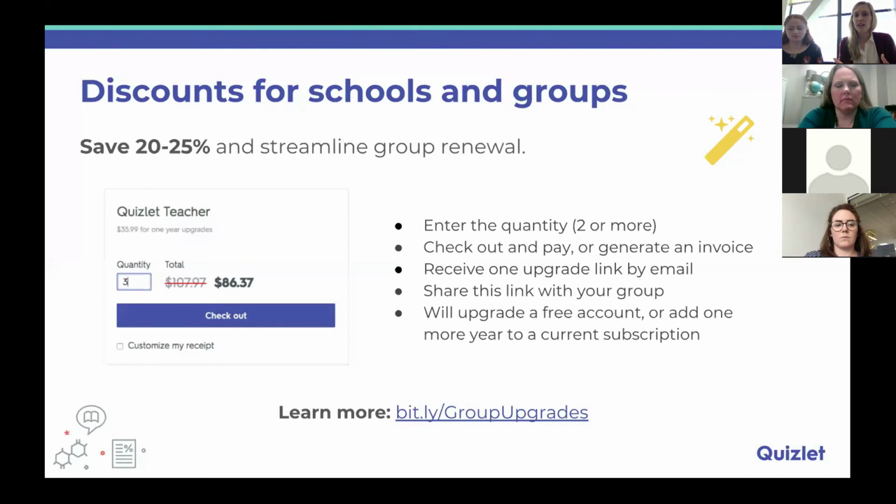If they follow that link, the upgrade will be activated on their account. If they have a free account, it will add a year of Quizlet Teacher. And if they have an account that is currently upgraded but not near the renewal period, this link will also add an additional year. So they don't have to wait until their upgrade is up for renewal. Everyone can just use this one link and save a lot of time and headache with the renewal process.